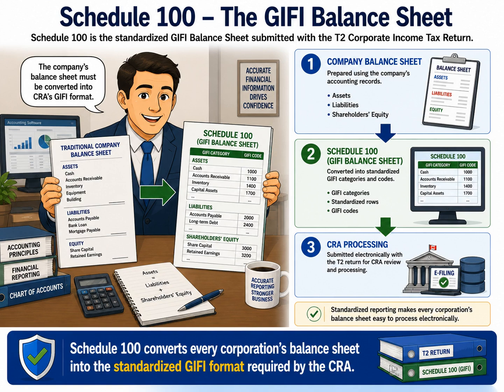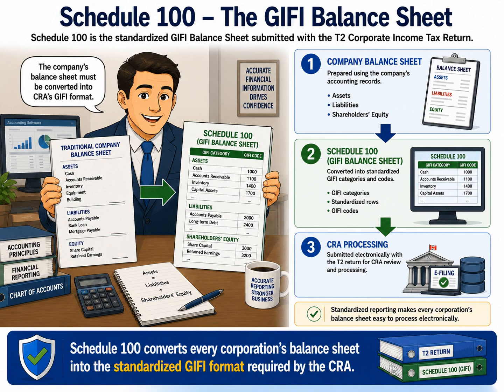During this conversion, each balance sheet account is assigned to the appropriate GIFI category. Whether the corporation uses QuickBooks, Sage, Excel, or another accounting system, the financial information is translated into the standardized GIFI format expected by the CRA.